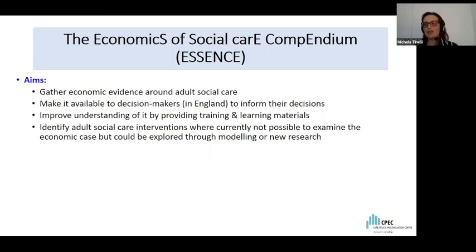And of course, given this mapping exercise, we wanted also to identify gaps in evidence and hopefully see whether academics and researchers could be involved in future research through modeling and new experiments.